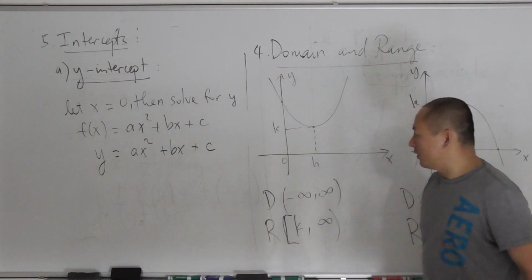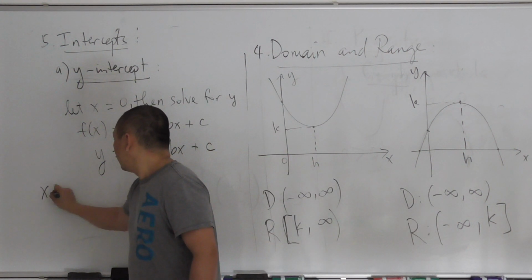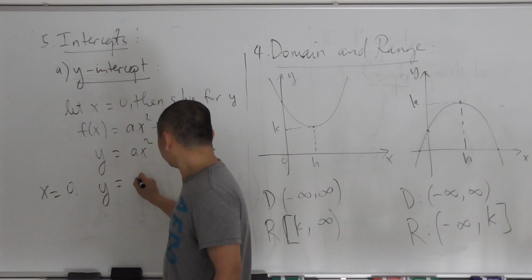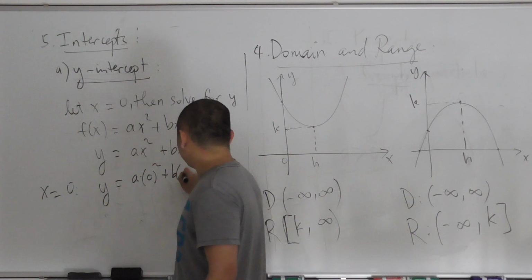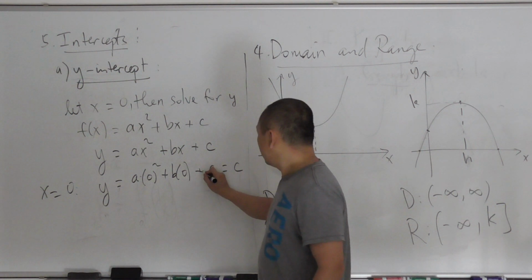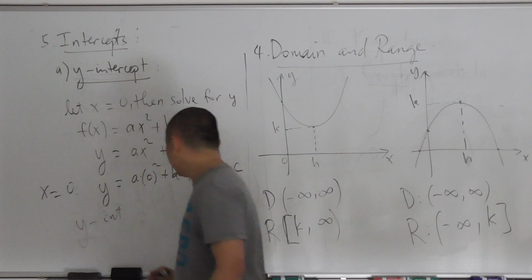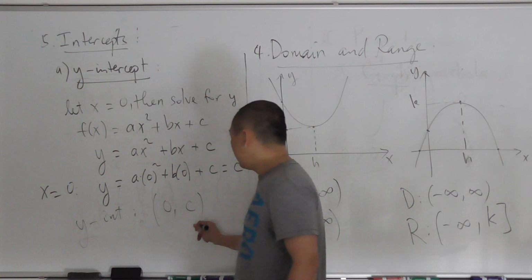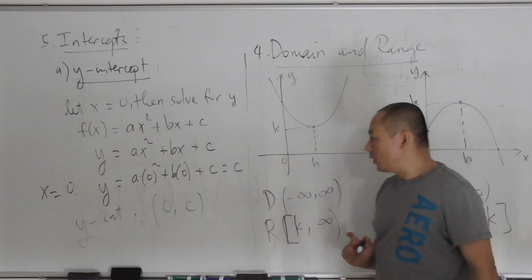Your y means f of x in here. You plug in x equal to 0, and you're going to have y equal to a times 0 squared plus b times 0 plus c, which obviously is equal to c. So the y-intercept is 0 comma c. Of course, here 0 means the x-coordinate is equal to 0 and the y-coordinate is equal to c.